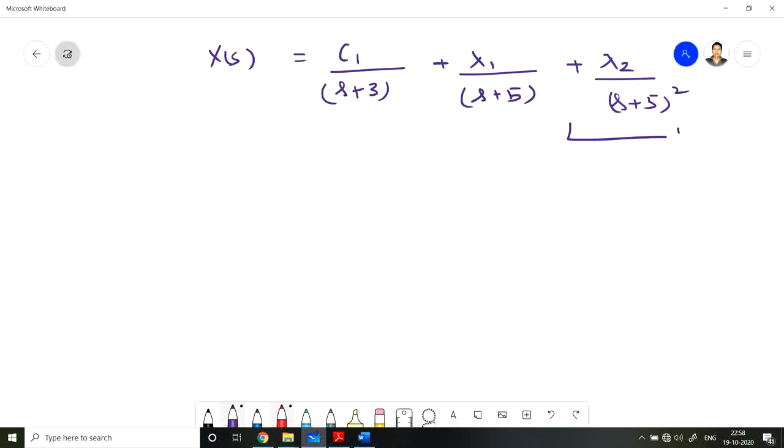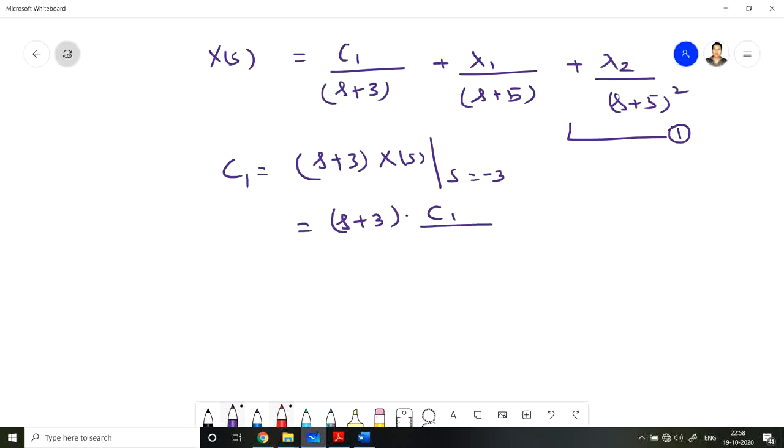So this is equation number 1. So how to find C1? C1 is nothing but (s plus 3) multiplied by X(s) at s equals minus 3.